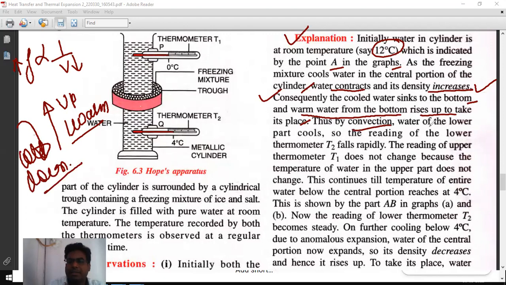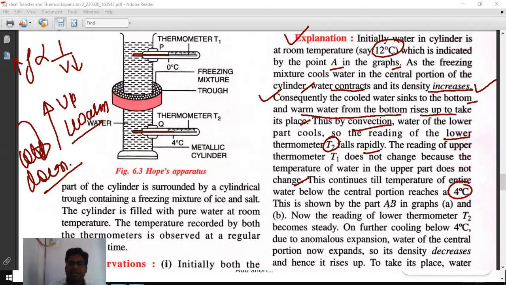Thus by convection, water of the lower part cools. So the reading of the lower thermometer T2 falls rapidly and the reading of the upper one doesn't change, because the temperature of water in the upper part doesn't change quickly. This continues till the temperature of the water in the central portion becomes 4 degrees Celsius.